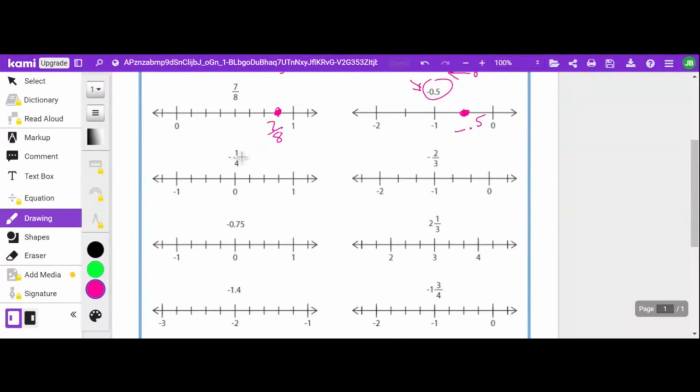Okay, on this next one, we have negative 1/4. Are we to the left or to the right of 0? Okay, correct, because it is negative. Negative numbers are to the left of 0. So if I start at 0, how many hash marks am I going to move to the left?